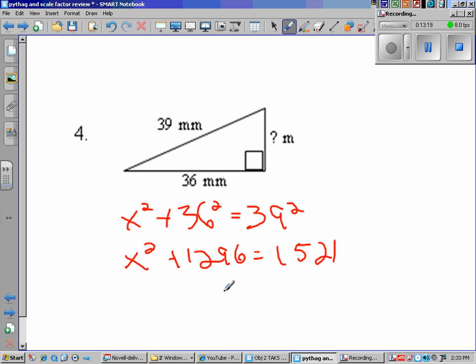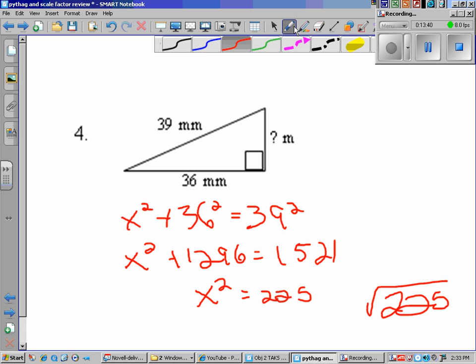You'll subtract those two amounts. So 1,521 minus 1,296 gives you 225, and you'll take the square root of 225, which you get 15.